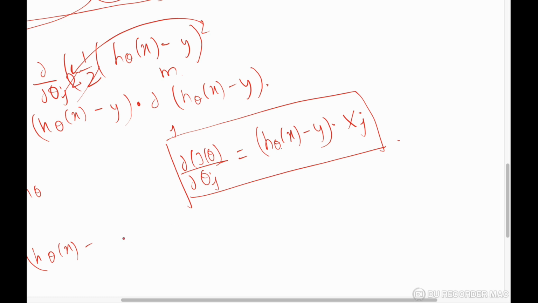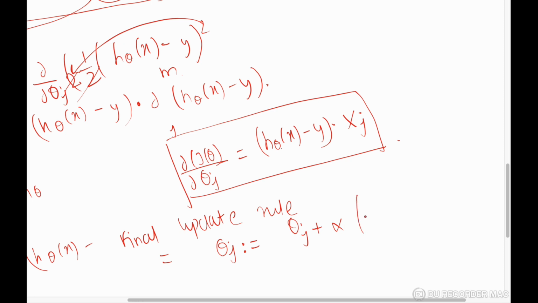So our final update rule becomes theta of j equals theta of j minus alpha, the learning rate, times h theta of x minus y times x of j.